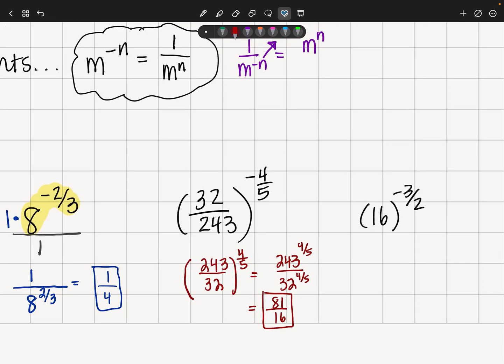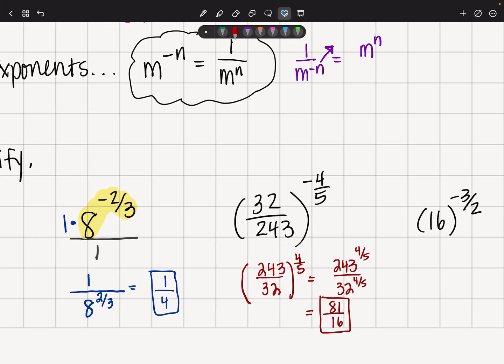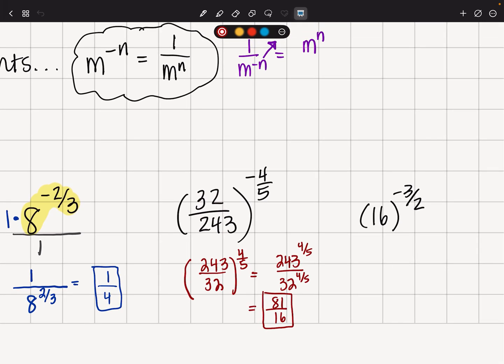And if you like that idea of flipping the fraction, you can put all of the bases in parentheses. So if I've got 16 raised to the negative 3/2 power, I can make this a 16 over 1 raised to the negative 3/2 power. And then that 16 over 1 becomes 1 over 16 raised to the positive 3/2 power.